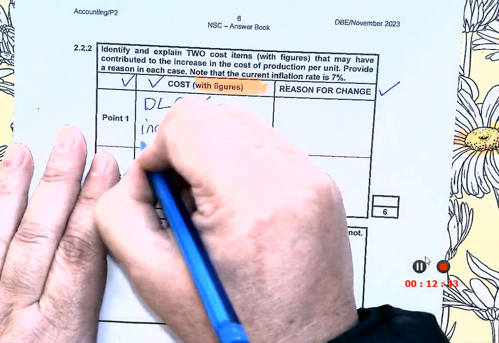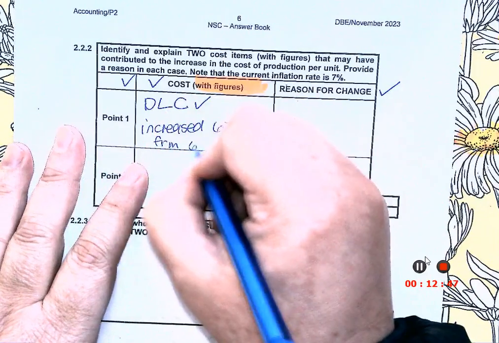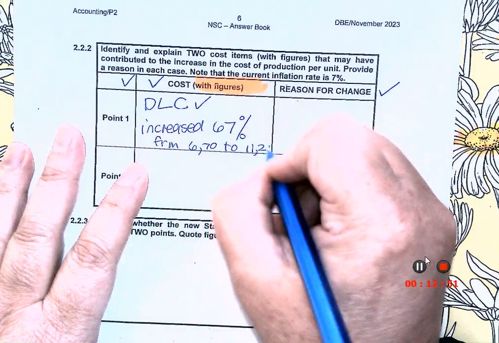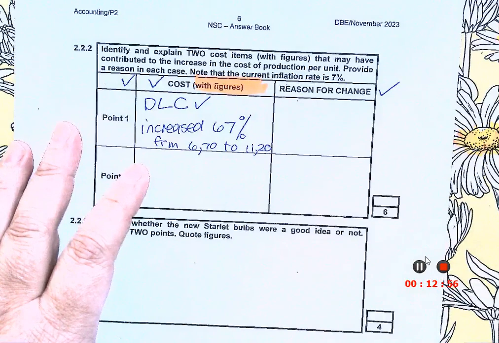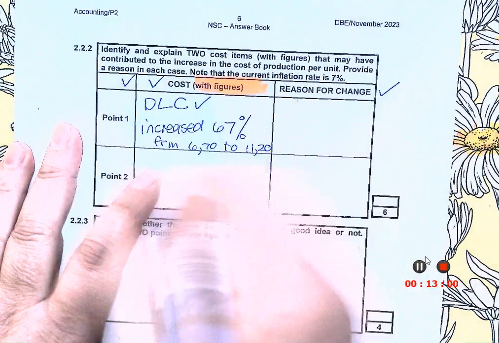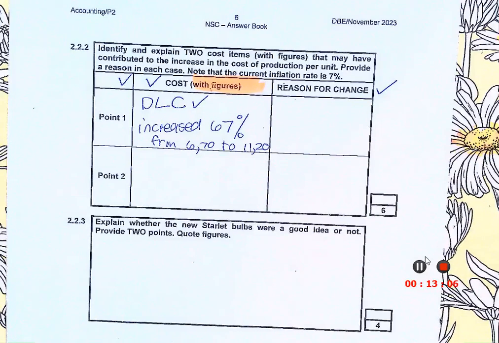You just say, increase from 670 to 1120. Can you see I didn't even write there per unit, because just the numbers are going to give you that, and the fact that you say this is a problem already means that you saw that. Okay, now what would be the reason for the change?